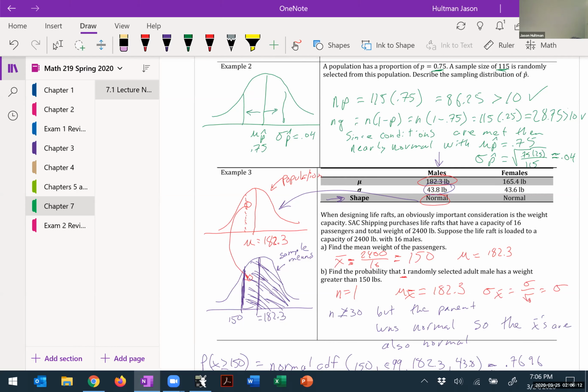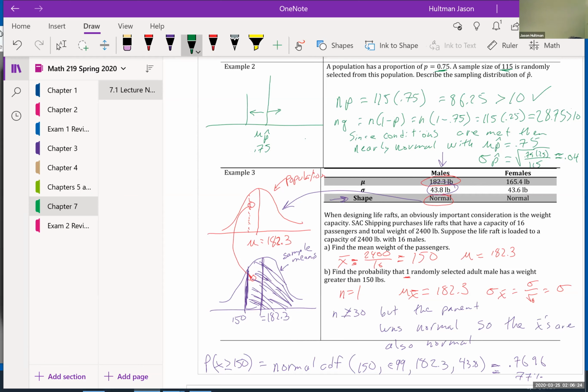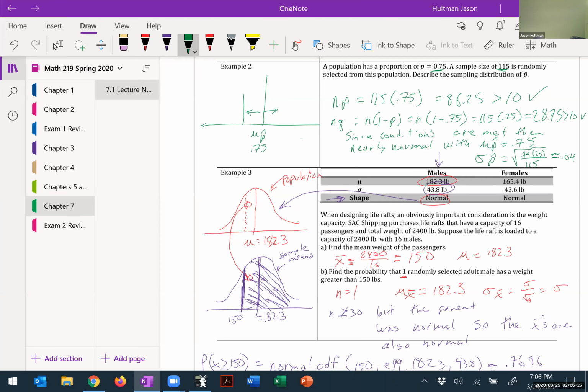So let me write this down here a little bit. I lost my graph. See if I can edit this. Since the standard deviation is 0.04, how would I get one standard deviation away from the mean?